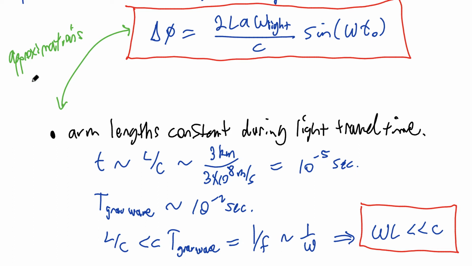Now, the second assumption or approximation that I made in deriving this result for the phase shift was to adopt a Newtonian point of view and ignore the fact that the light in the interferometer is redshifted and blueshifted by the gravitational wave as space expands and contracts.